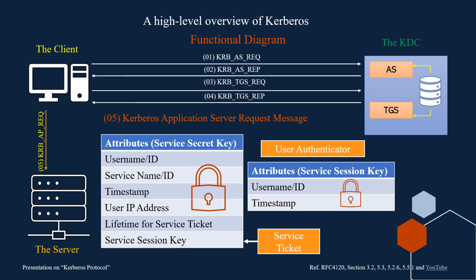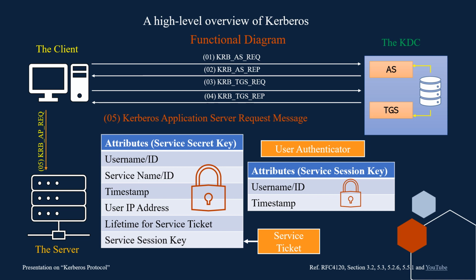So after decrypting these, it will match the username that is included in the authenticator and in the service ticket. It will look for the timestamp, it will match the user IP address, lifetime for the service ticket, and service session key. After doing all these validations, the server also maintains a cache, so it will look for any other ticket that is available in its cache for the specific user.